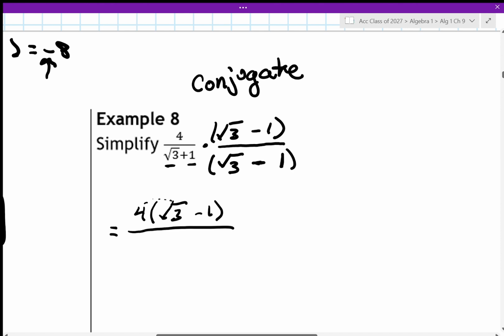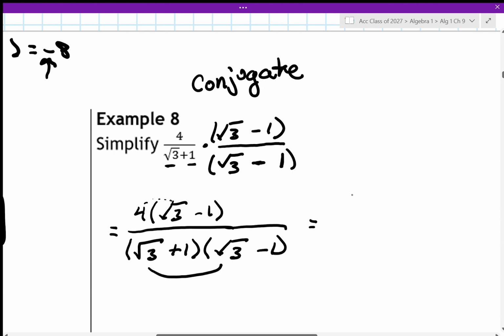Our denominator, now I have the square root of 3 plus 1 and the square root of 3 minus 1. In this next step, I'm going to take this square root of 3 and distribute it. So my numerator, I'm going to leave be.